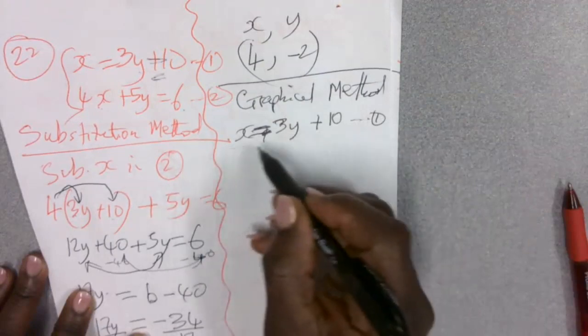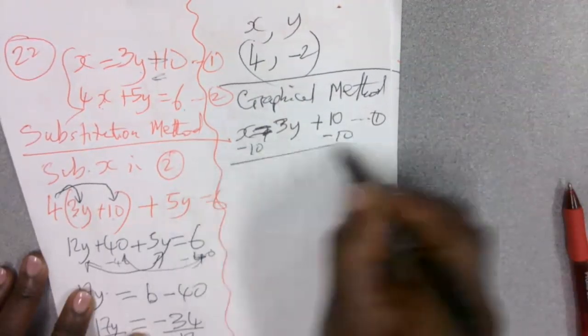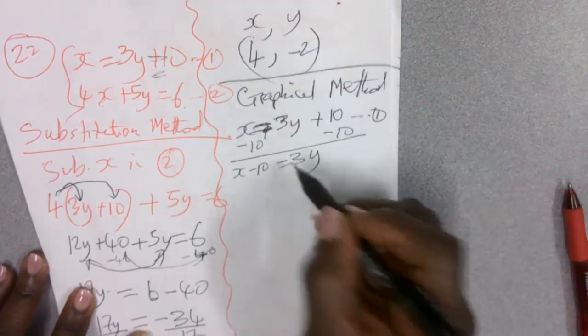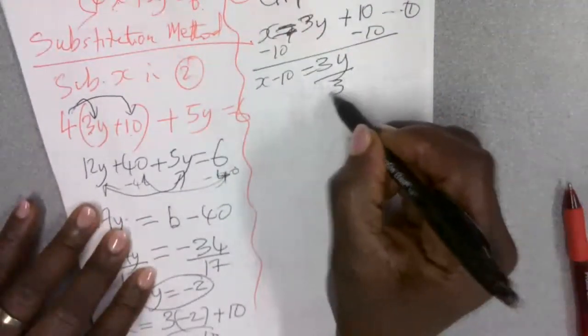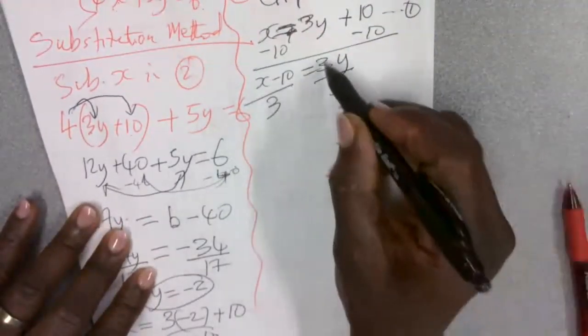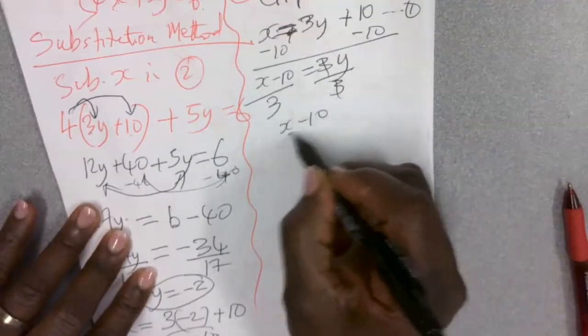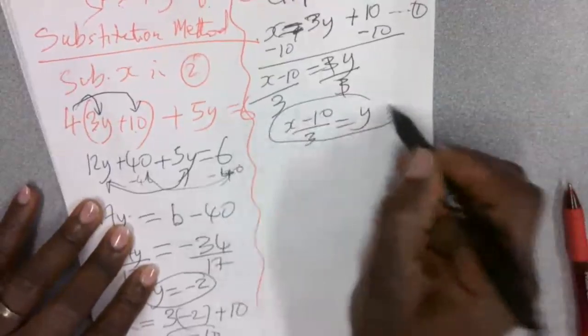Let me rewrite equation 1. So minus 10 on both sides. x minus 10 is equal to 3y. Divide both sides by 3. Now I have x minus 10 over 3 is equal to y. So I have isolated y.